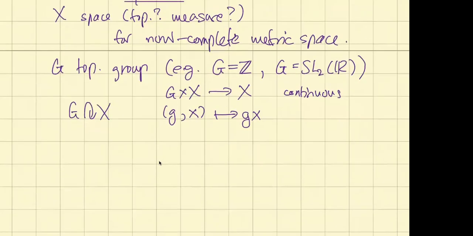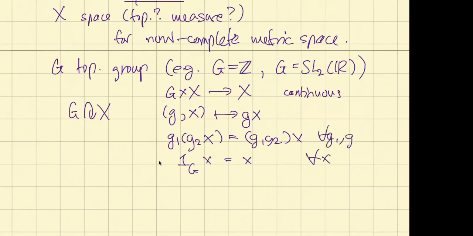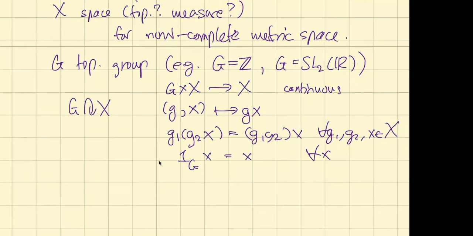The axioms are that if you apply g2 and then g1 to x, you get the same as applying g1 g2 to x. Here x is an element of X, so we apply the group action twice. Here g1 g2 is an element of G, so we multiply in G and then apply the group action once. This is the definition of a group action.